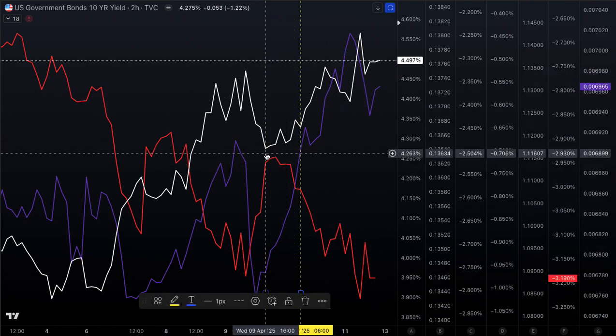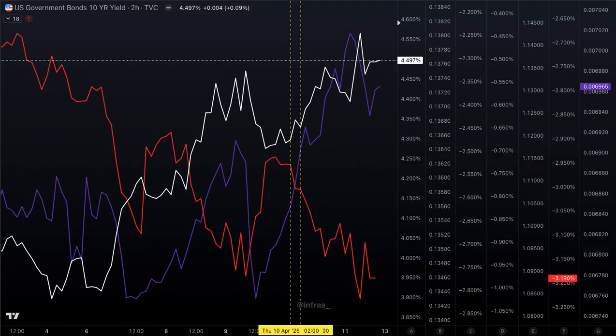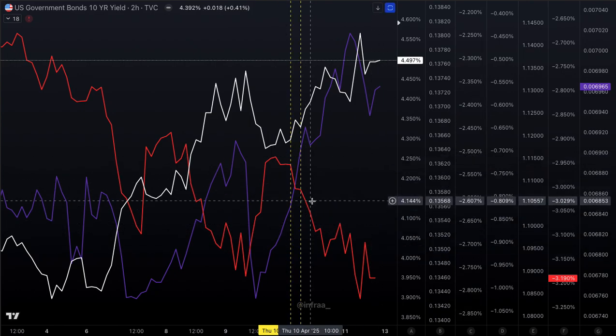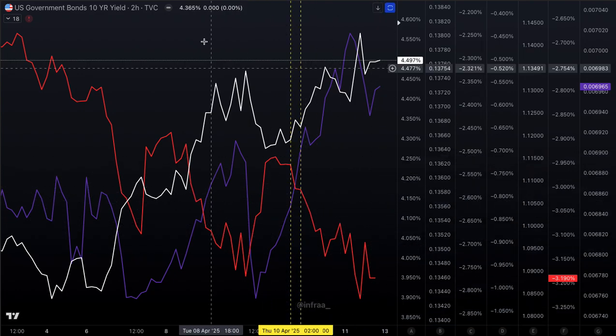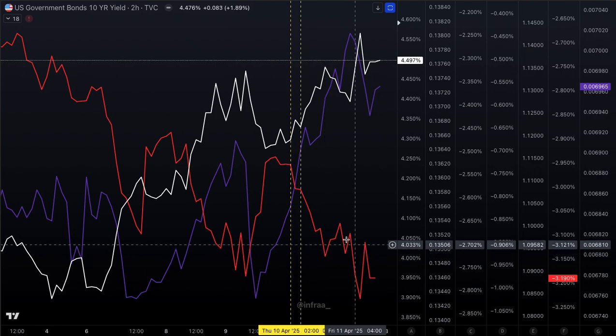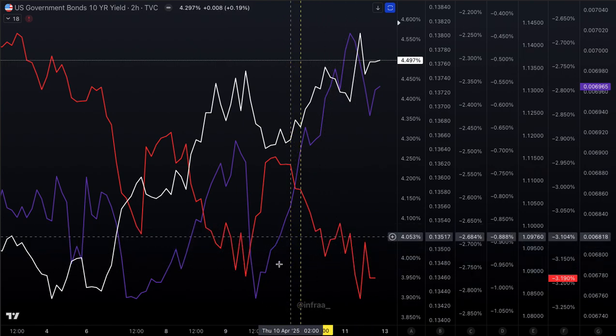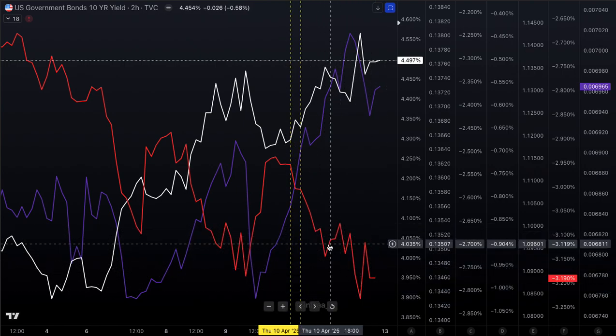Say it's slightly later in the day. The yen starts to strengthen even though the interest rate differential is declining. Now, this is only the 2-hour chart, and this is only 12, 24, 48 hours' worth of data.